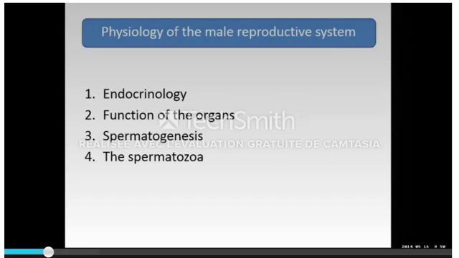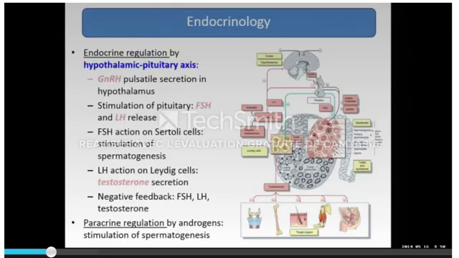Let's go to physiology. A little word about endocrinology, and as you all know, spermatogenesis, male reproduction, is regulated by endocrine hormones, and the main regulation is driven by the hypothalamic pituitary axis.